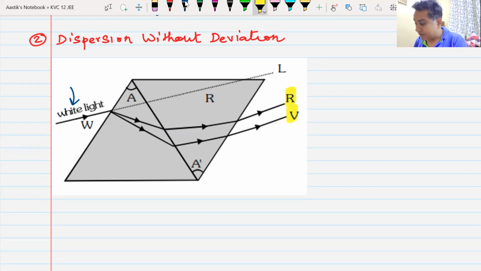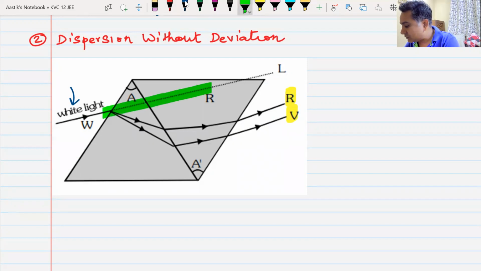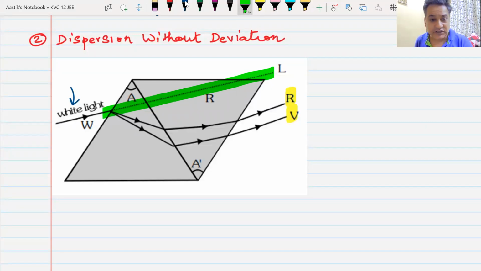But what we see here is also one thing, that the direction is same as the original light. That means there is no deviation, but there is dispersion. Do we understand this?